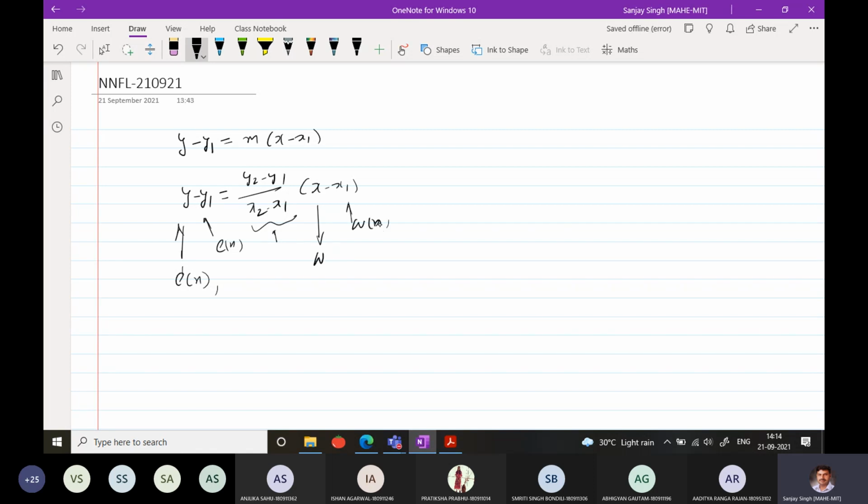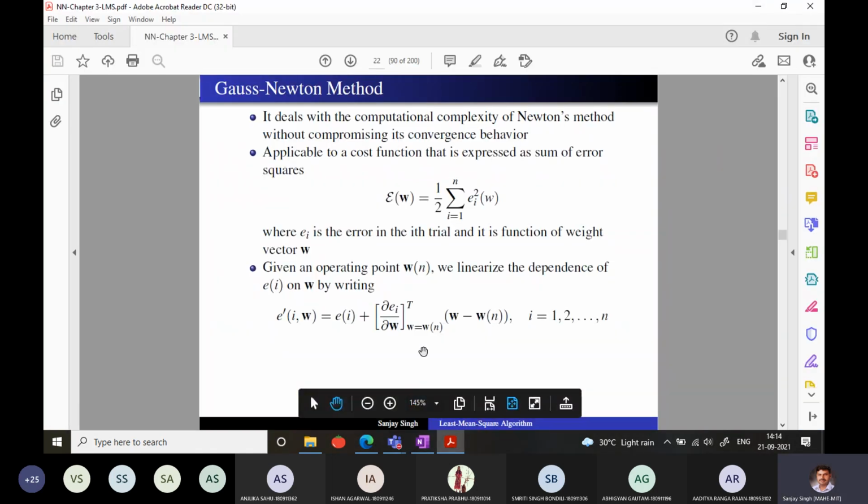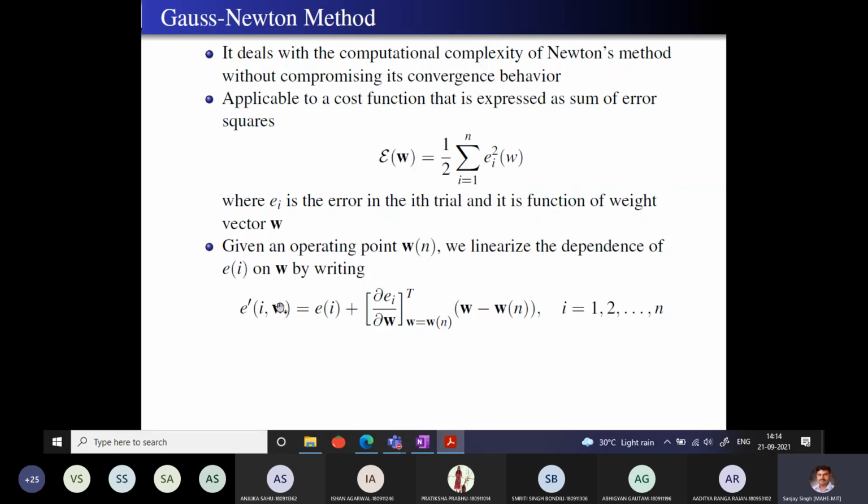So whatever equation I have written on my slide: E prime i(W) with the ith iteration is basically E_i plus m times (W minus W_n). So we have linearized this dependence of error on W using the point slope form equation.